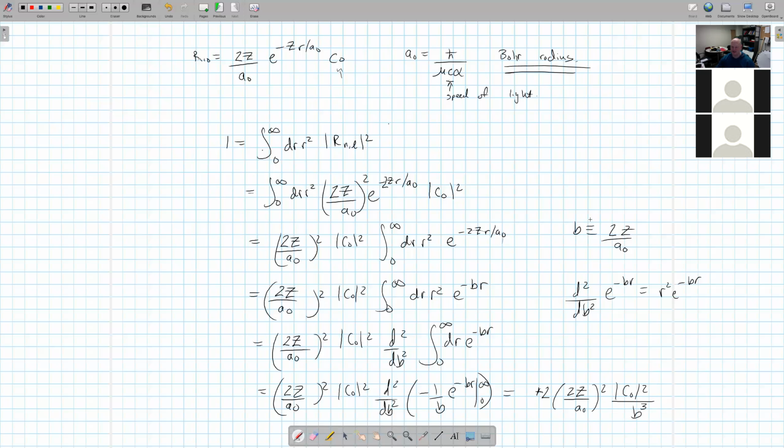Good. So now if I use this definition in here, cube that, and then cancel terms, this thing is going to become simply a0 modulus c0 squared divided by z. Now, since all this is equal to 1, we just solve this for c0. So finally c0 is equal to the square root of z divided by a0.